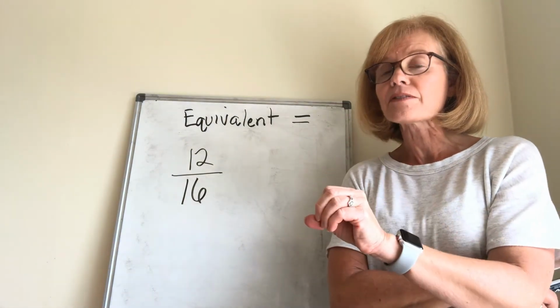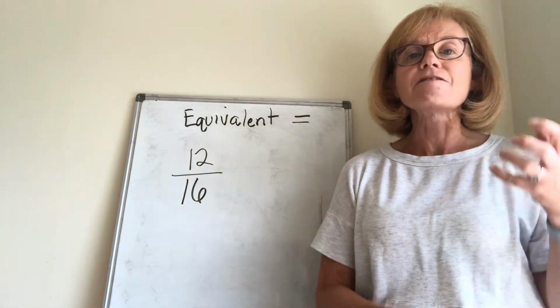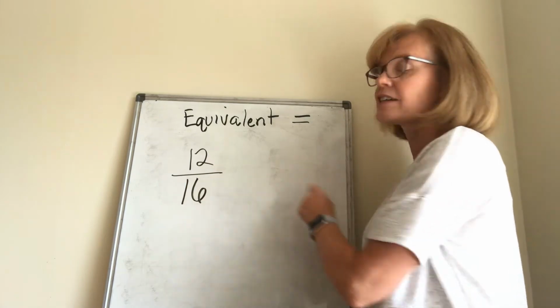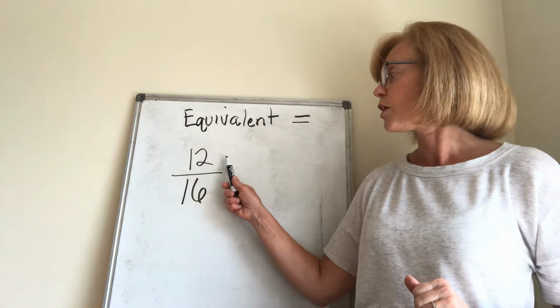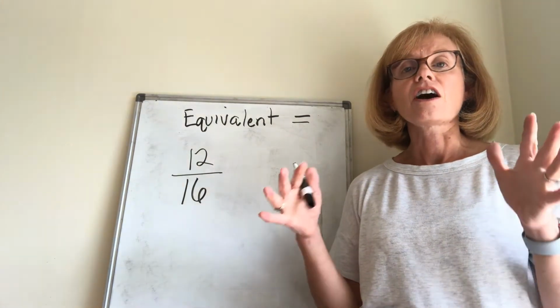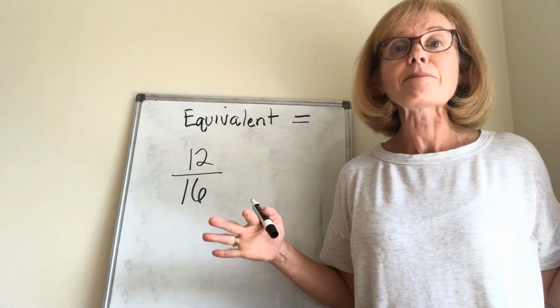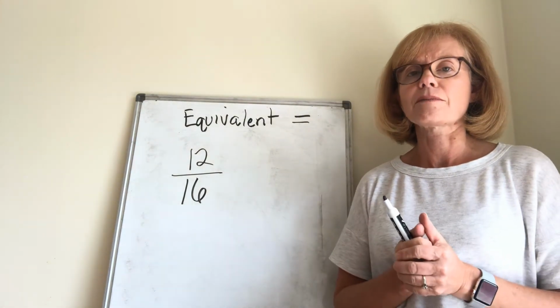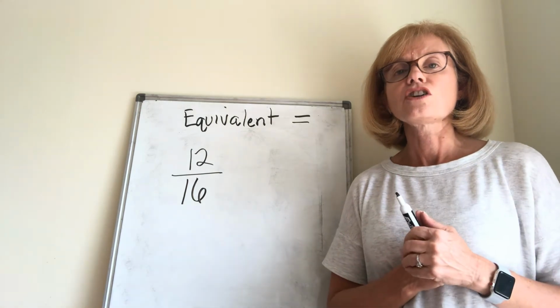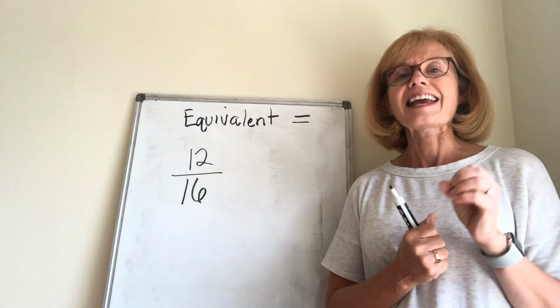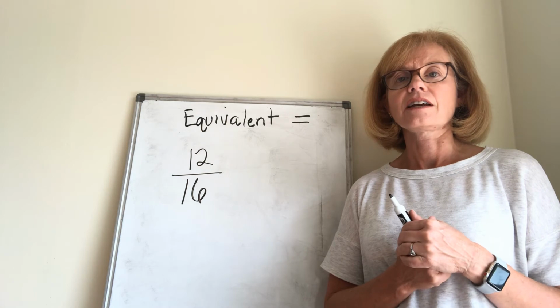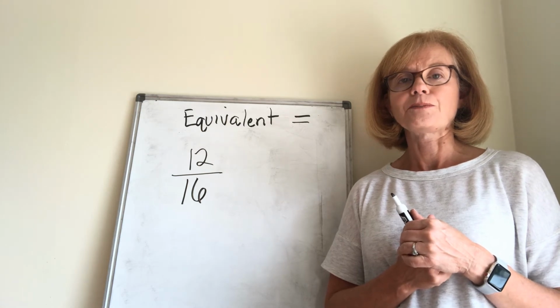Remember, simplifying means that we are dividing the numerator and denominator by the same number. So our numerator and denominator are smaller numbers, same amount, just smaller numbers. Stop the video, see if you can figure out a simplified version of 12/16. Go.